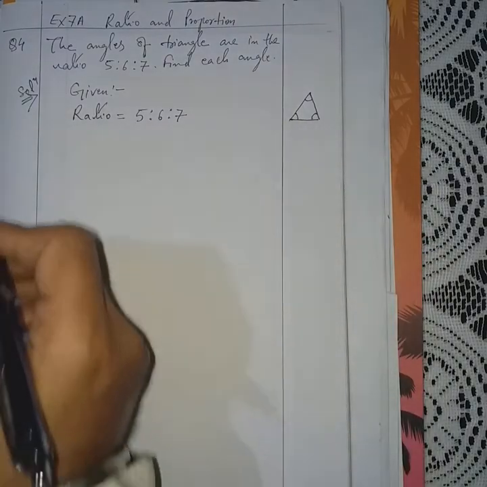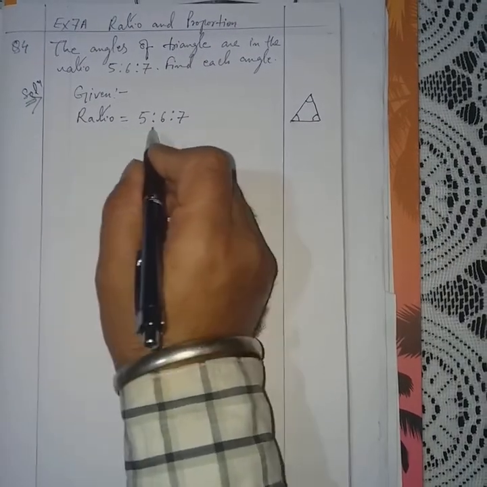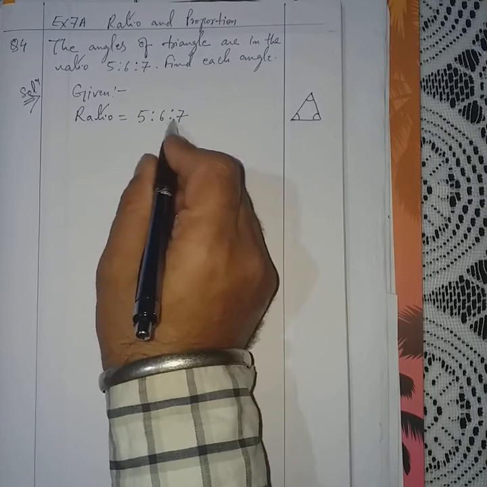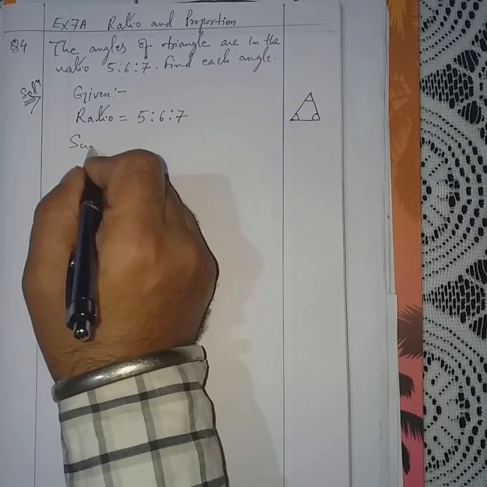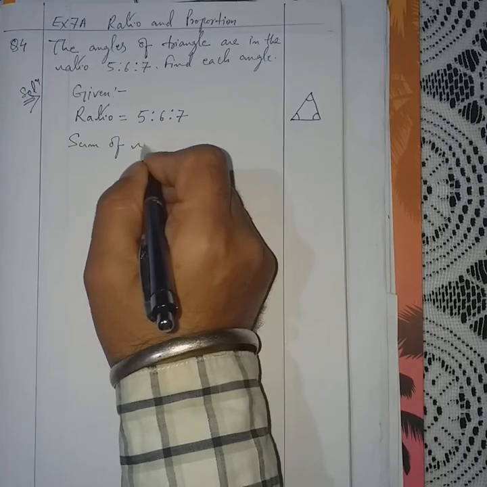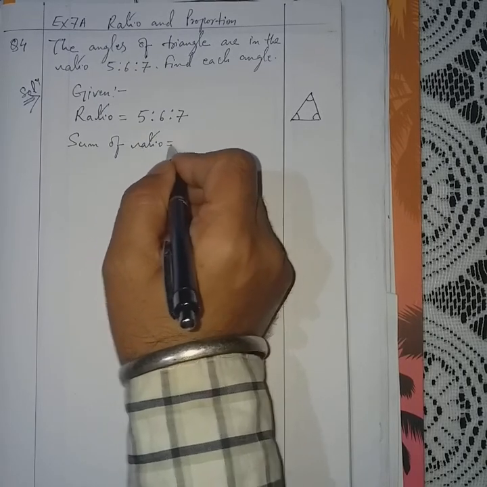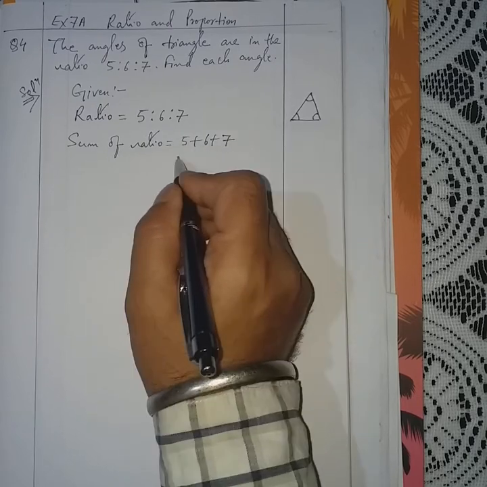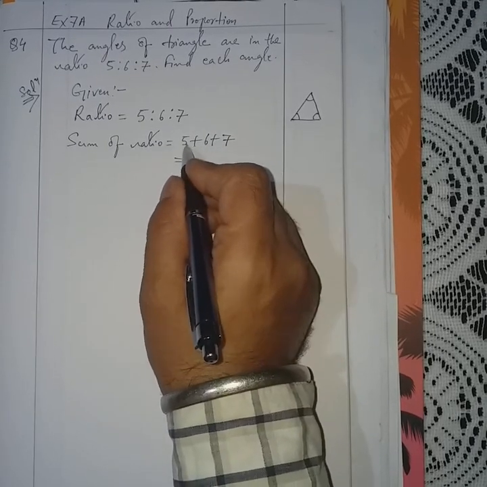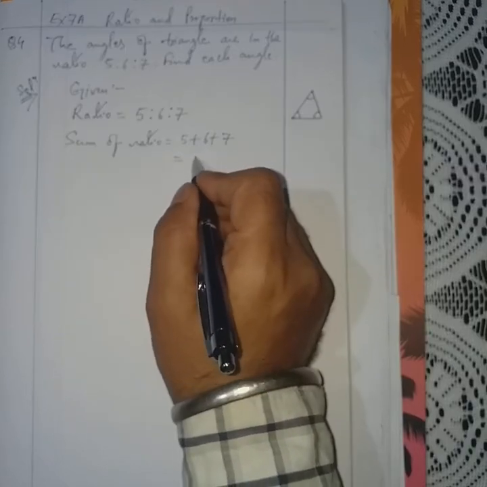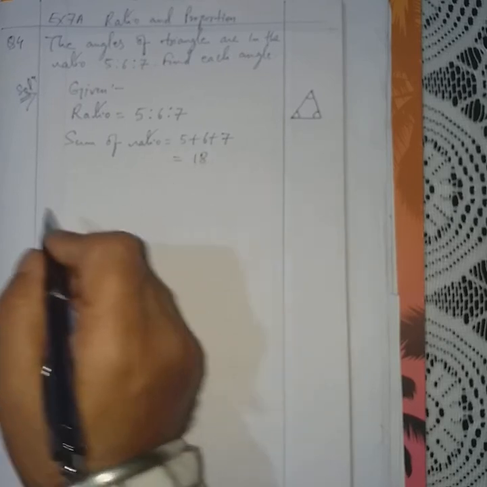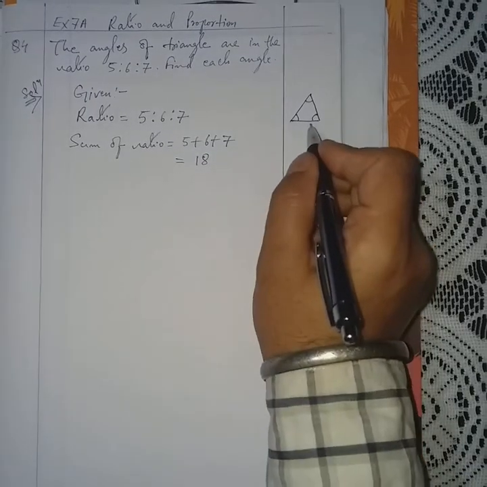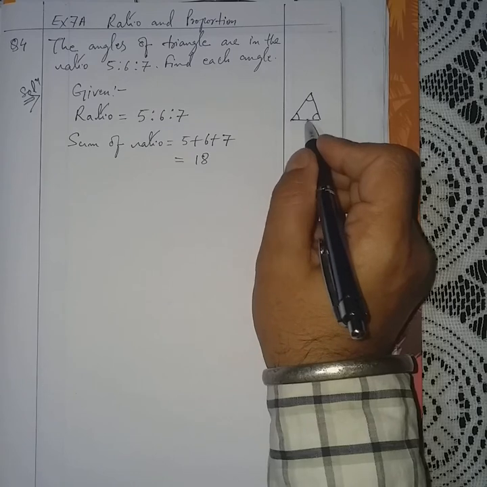So what is the step to do? First we have to find the sum of these three. So the sum of the ratio is equal to 5 plus 6 plus 7. This equals 5, 6, 11, 11 plus 7, 18. So this is 18. Now you know the total angle of a triangle is how much?